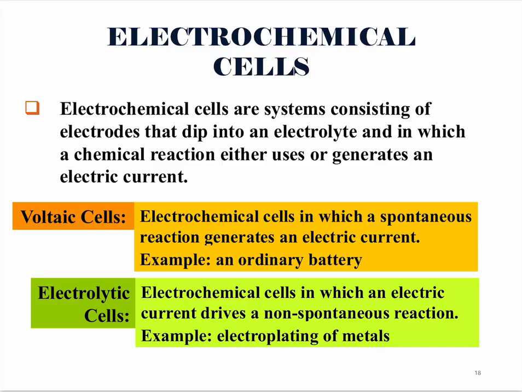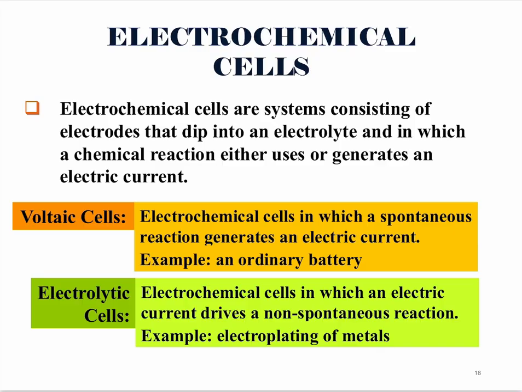At one side of the voltaic cell, the anode, for example, you're going to have an oxidation reaction going on, which means that's feeding electrons into the wire. Then at the other electrode, the cathode, you're going to have a reduction reaction going, meaning it's taking electrons from the wire. And so what happens is you're going to get a net current that moves through the system.